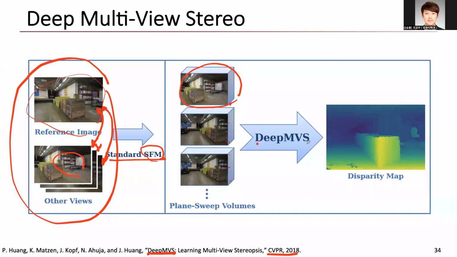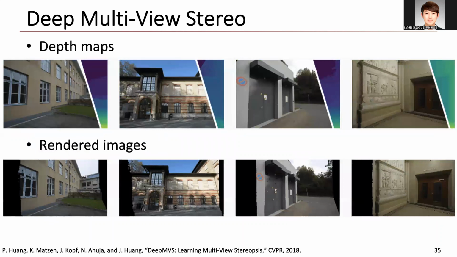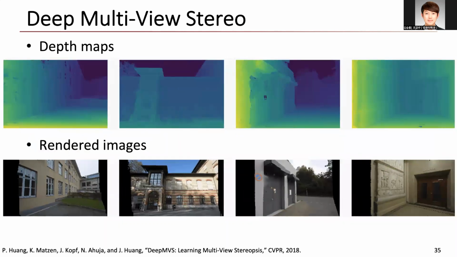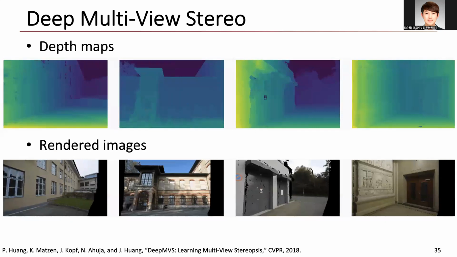In DeepMVS, the deep learning based method, we just aggregate the whole cost volume, and finally achieve this depth map given these reference view images. This is DeepMVS, or multi-view stereo based on deep learning techniques. So this is an example using DeepMVS.